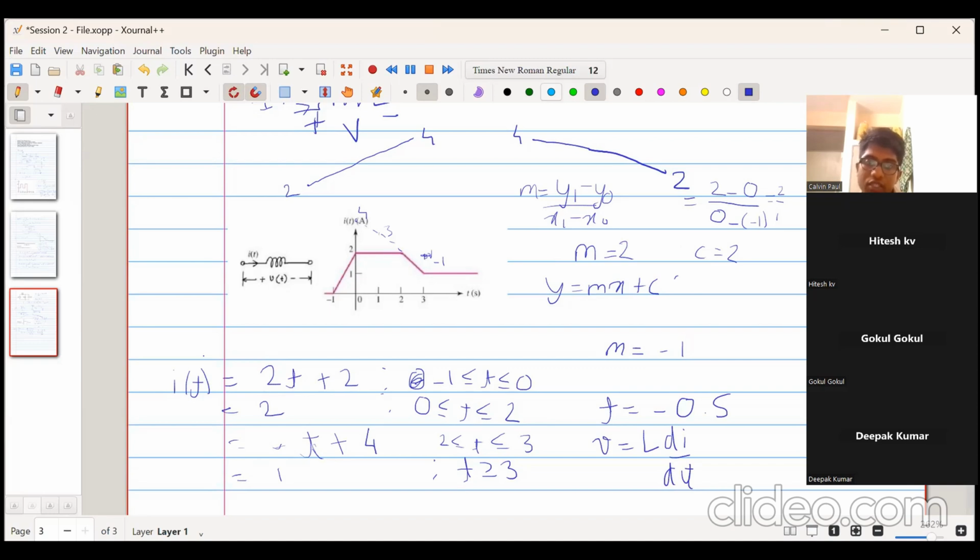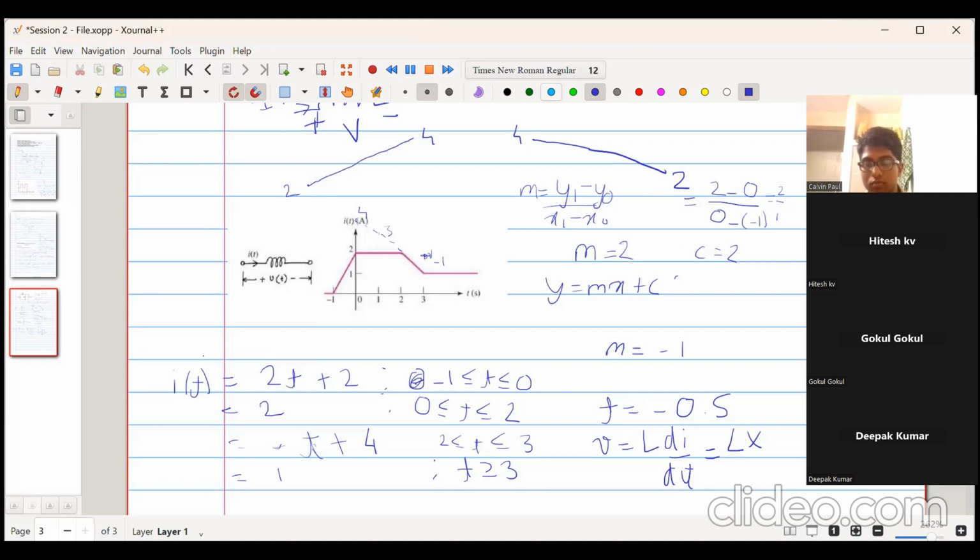If I differentiate this equation with respect to time, what will I get?